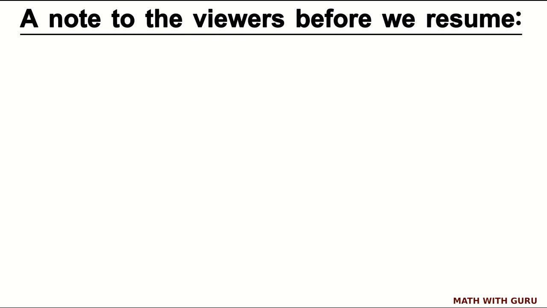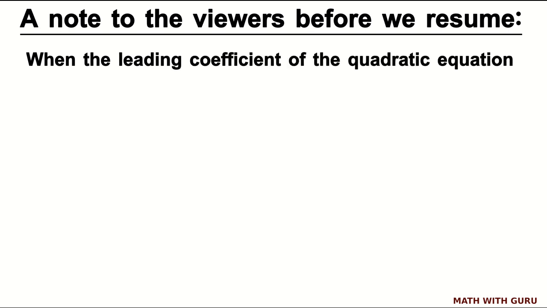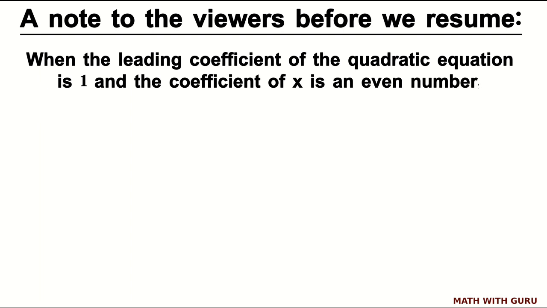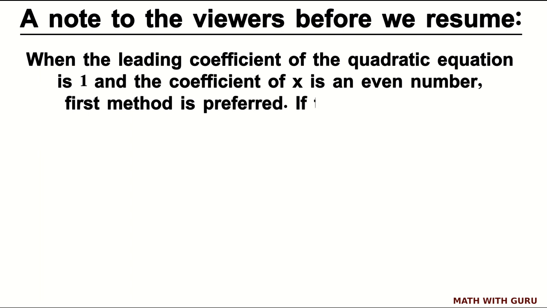A note to the viewers before we resume. When the leading coefficient, that is the coefficient of x squared of the quadratic equation, is 1 and the coefficient of x is an even number, first method is preferred.